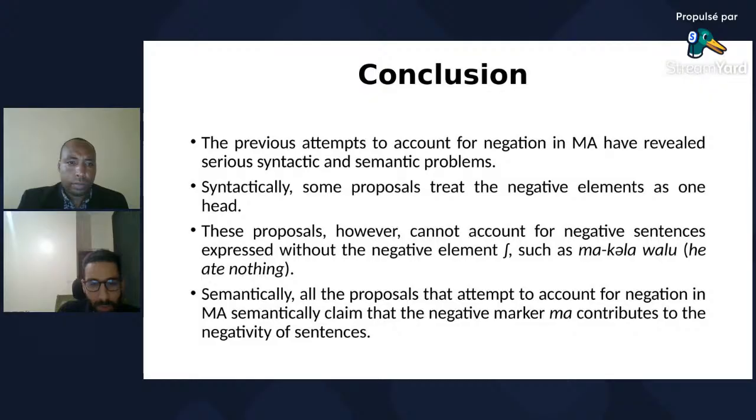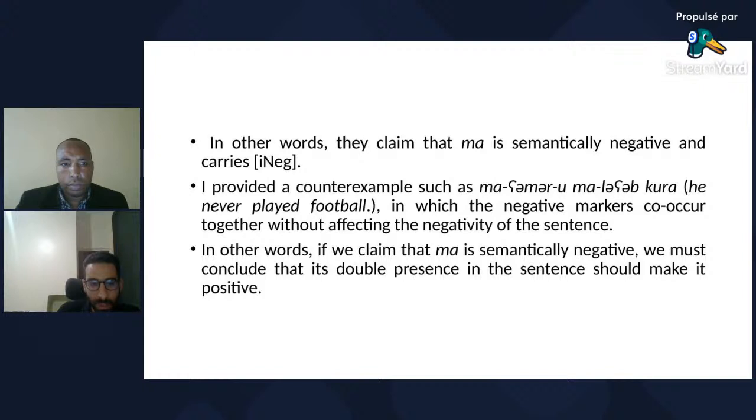Semantically, all proposals that attempt to account for negation in Moroccan Arabic assume that the negative marker contributes to the negativity of sentences. In other words, they claim that ma is semantically negative and carries an interpretable neg feature. I provided a counterexample such as ma'amro ma lab kora, in which the negative markers co-occur together without affecting the negativity of the sentence.